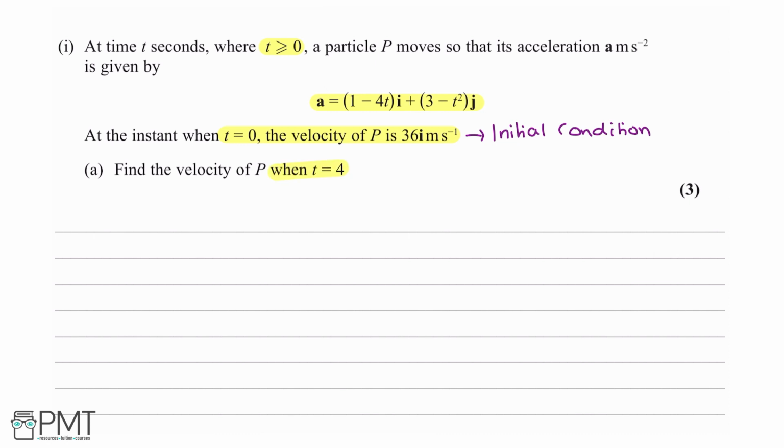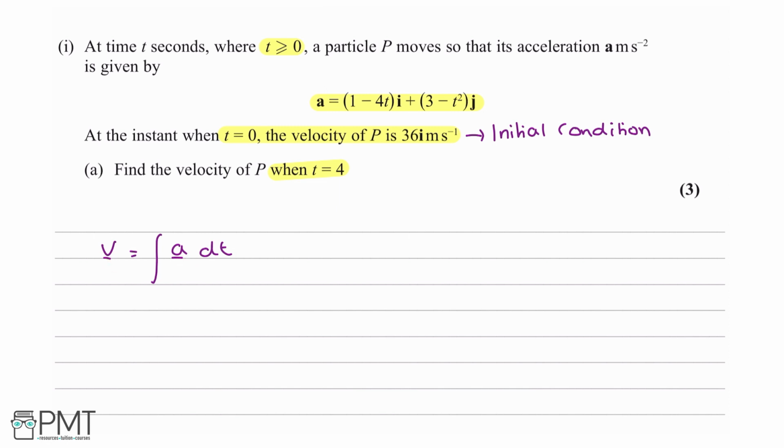So the first thing I'm going to do is use our equation for acceleration, and because we need to find the velocity, we need to integrate our equation for acceleration. So the velocity v equals the integral of acceleration with respect to time. Remember you need to underline v and a because they are your vectors.